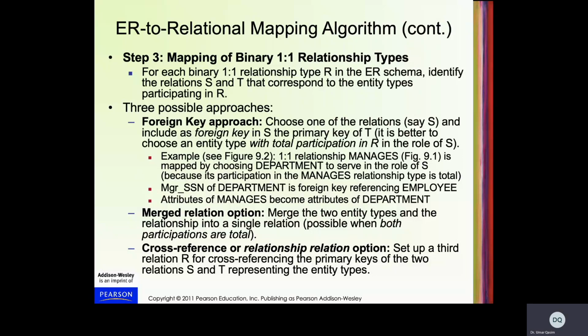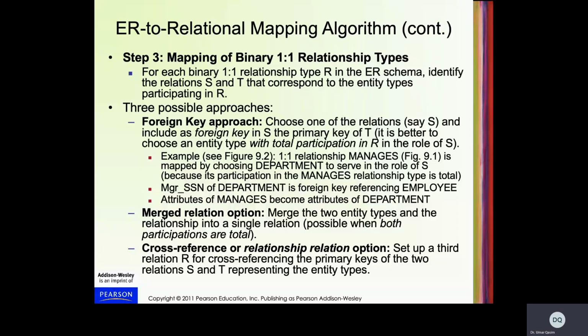From the employee side, we cannot say that each employee must be a manager, because there will be employees that are not managers. There are some employees who are going to be managers, but not every employee is managing a department. So this way, the participation level is not total from the employee side.